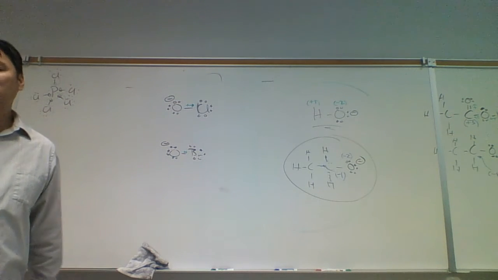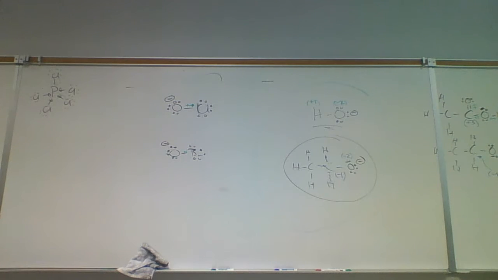Which one is going to dissolve better in water? Hypochlorite or hypobromite? Which one is easier to dissolve in water? Hypochlorite. They're both the same charge, but hypochlorite's smaller, and therefore it's going to be better able to dissolve.